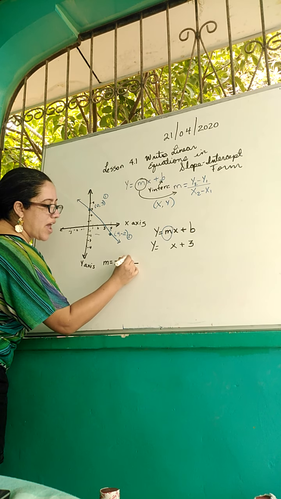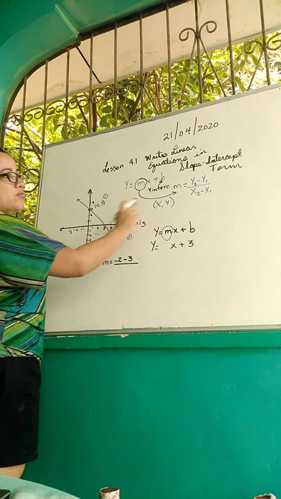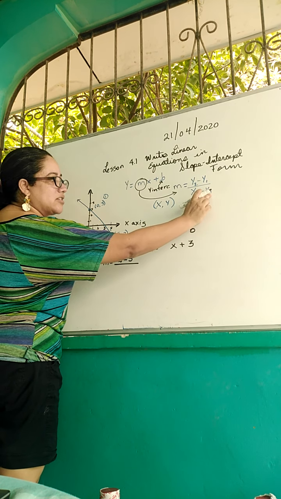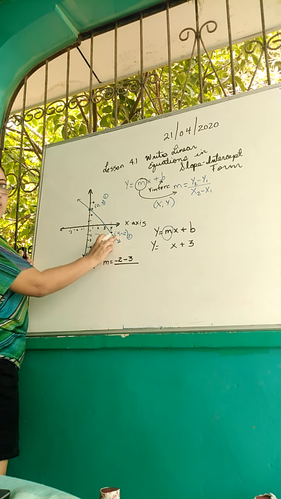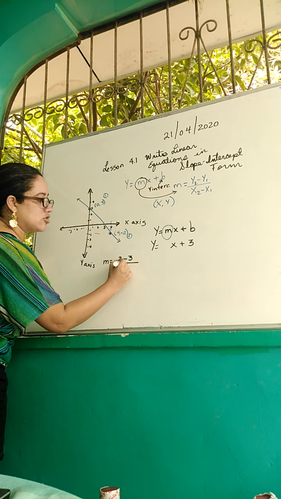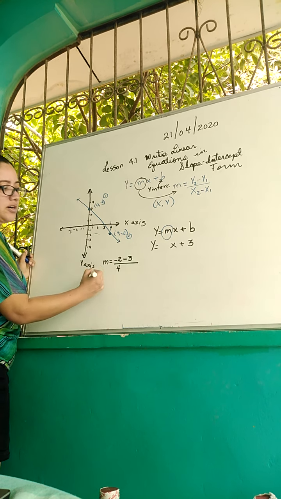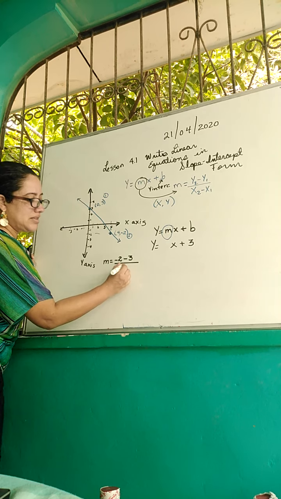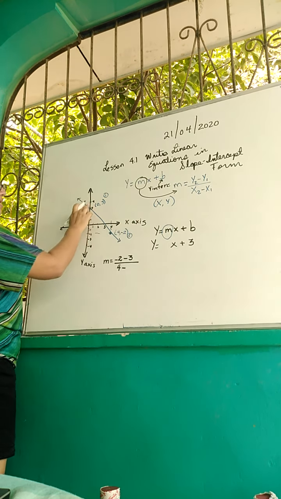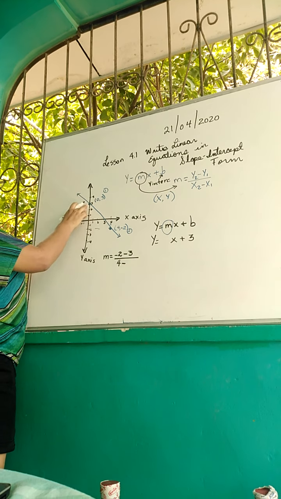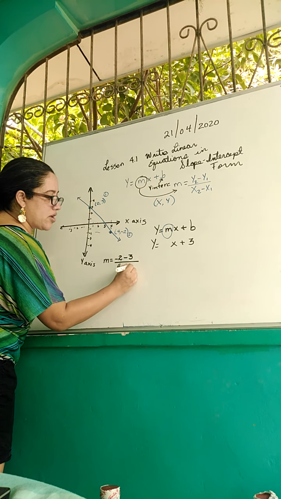It is 3. So we have minus 3. Then we have x2 and x1. Which is x2? This is number 4. That is x2. That'll be 4 minus, from the formula, x1, which is 0.